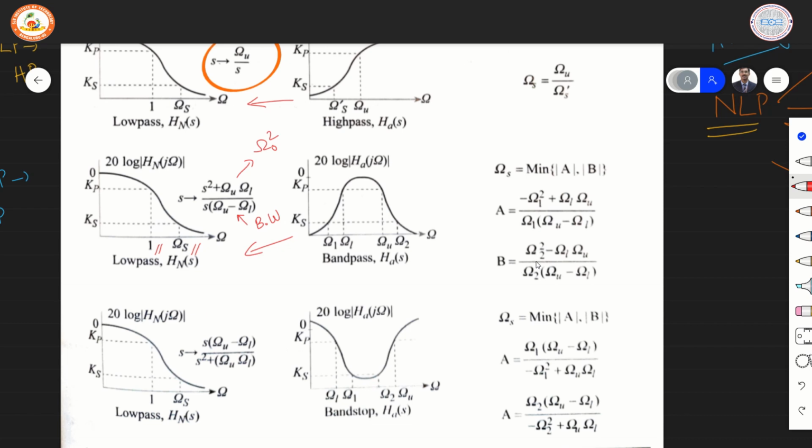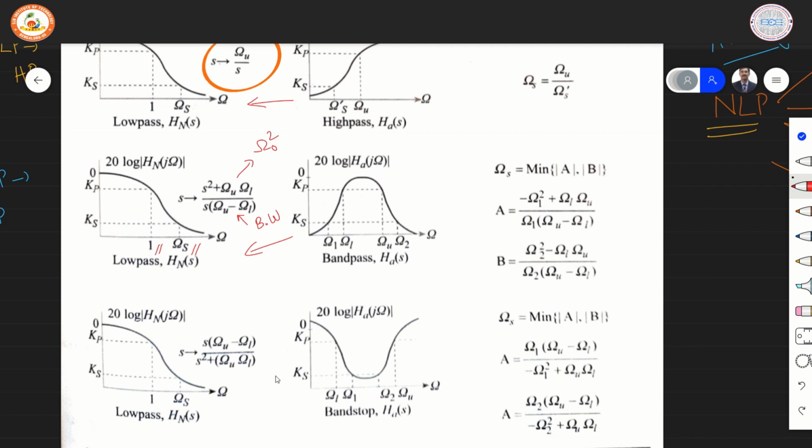And B is found in a similar fashion as omega 2 square minus omega L omega U, divided by omega 2 into (omega U minus omega L). Once A and B are found, we calculate the value of omega S to be the least among A and B. So we are using the minimum of the magnitude of A and the magnitude of B. Irrespective of the sign of the answer, it is always positive. So among the two, we take the least and assign it to omega S.